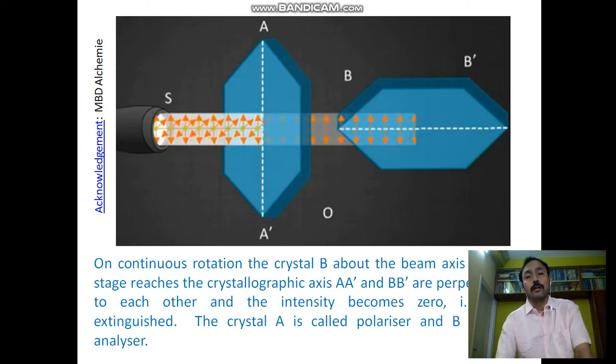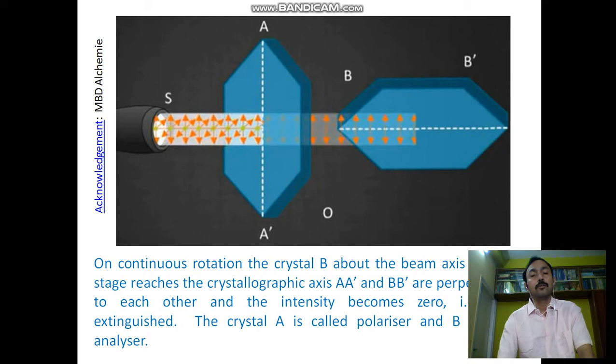On continuous rotation of crystal B about the beam axis, the stage is reached where the crystallographic axes AA dash and BB dash are perpendicular to each other, and the intensity becomes 0. That is, light is extinguished.